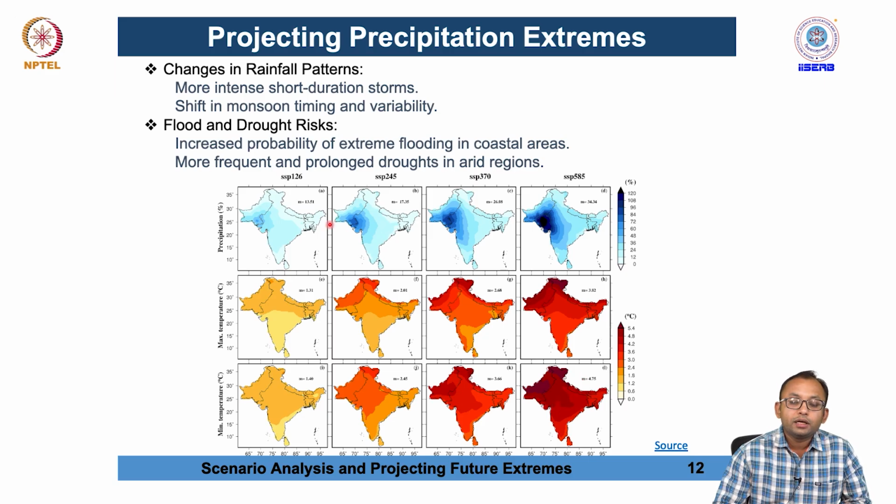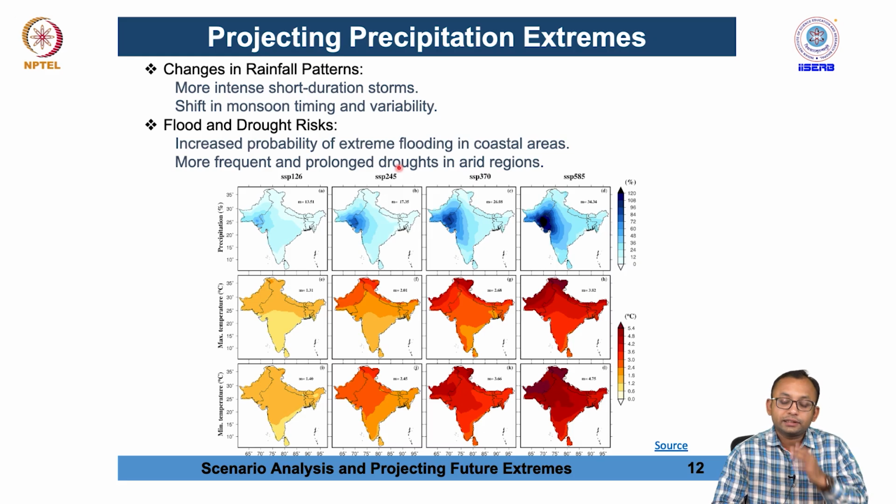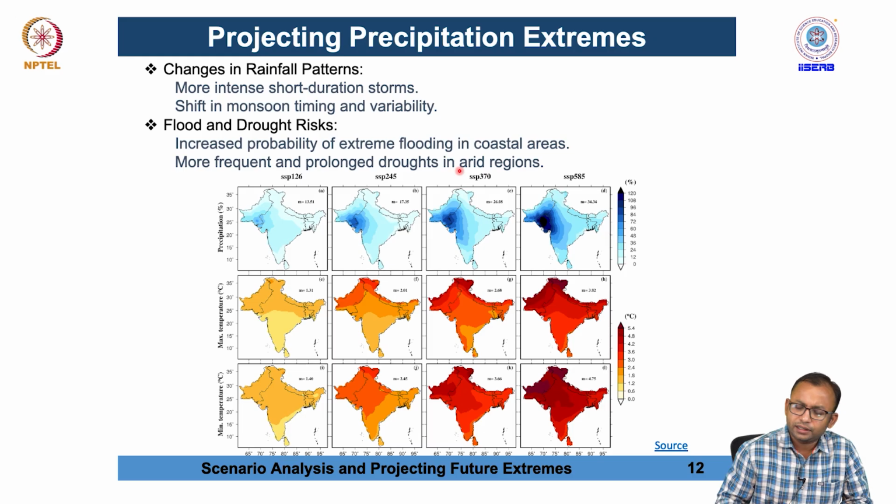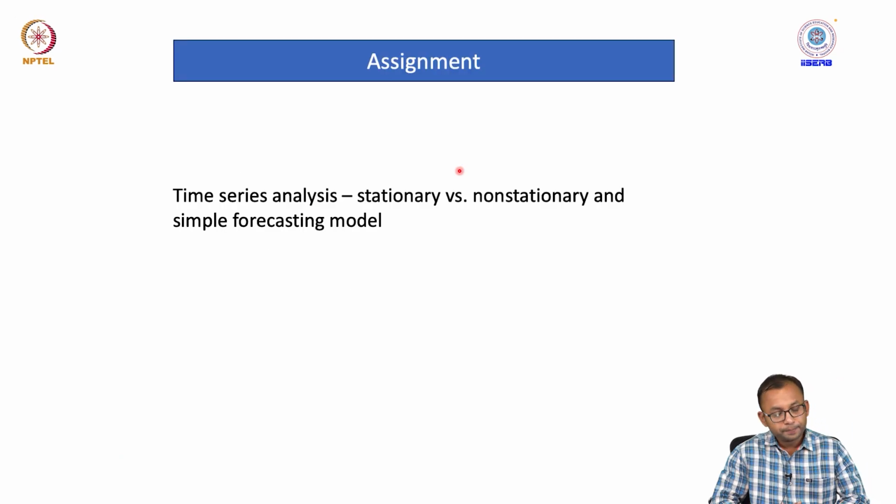So, the results of this analysis suggest that there is an increased probability of extreme flooding in coastal areas or different parts of the Indian subcontinent. There are more frequent and prolonged drought events in the arid region, and therefore that would lead to more water scarcity situations in the future time steps.